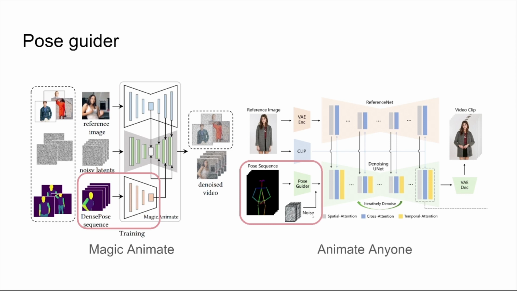What they did is just fine-tune the original Stable Diffusion model and merge the original one and the ControlNet one into this denoising unit. Because they are not directly using ControlNet, you have to train your own input encoder. They call this encoder the pose guider.